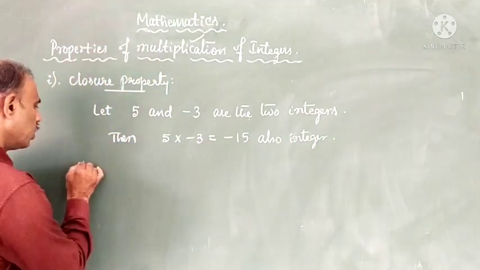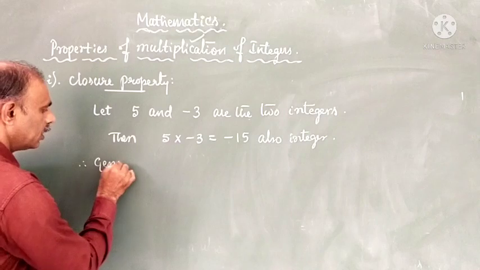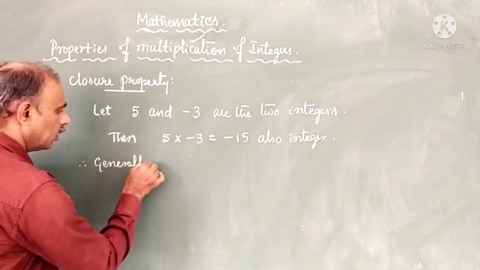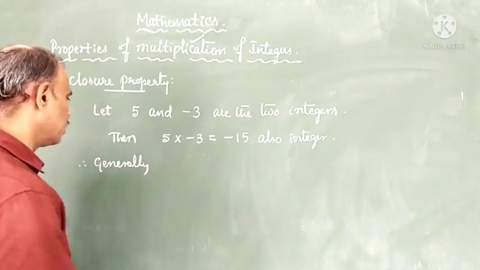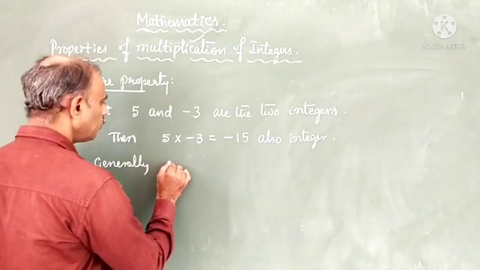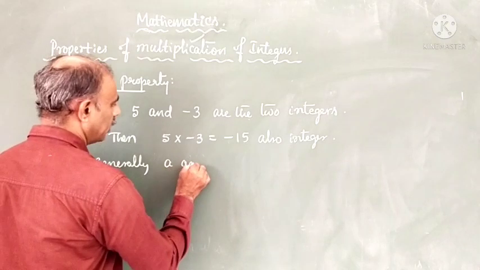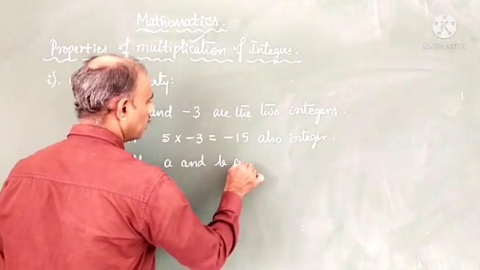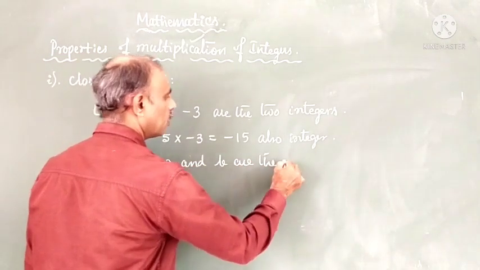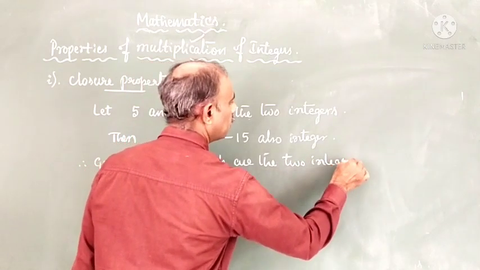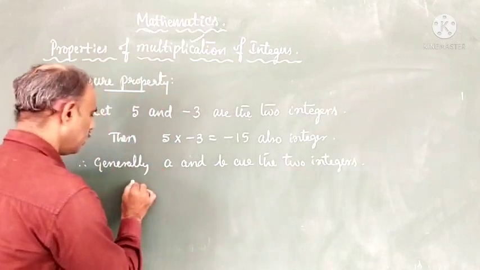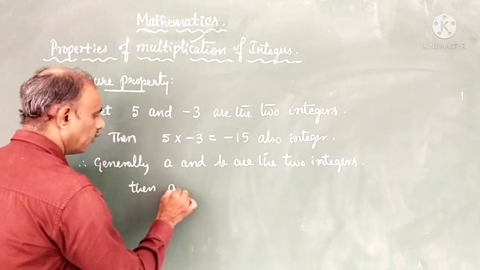So generally, what can we write? These are all very easy. Once you learn, so easily you can write. Generally, A and B are the two integers. Then what we need to do?